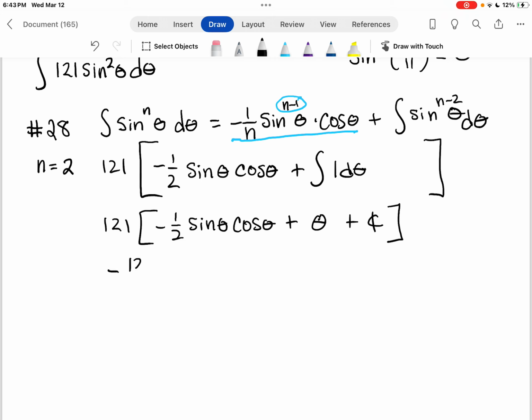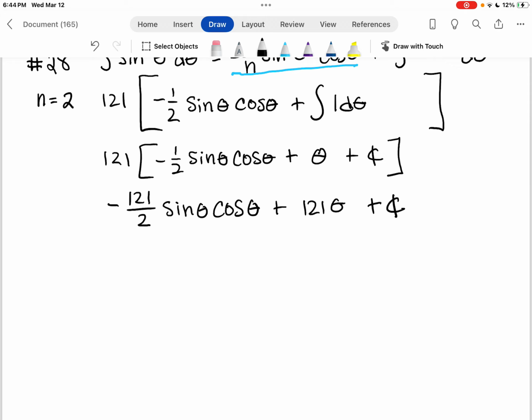So I'm going to have minus 121 over 2 times sine theta cosine theta, plus 121 theta, and plus our constant. Since our constant is arbitrary, that 121 will just get absorbed into C. 121 times some random number would just be some other random number, so we'll just leave that as plus C.